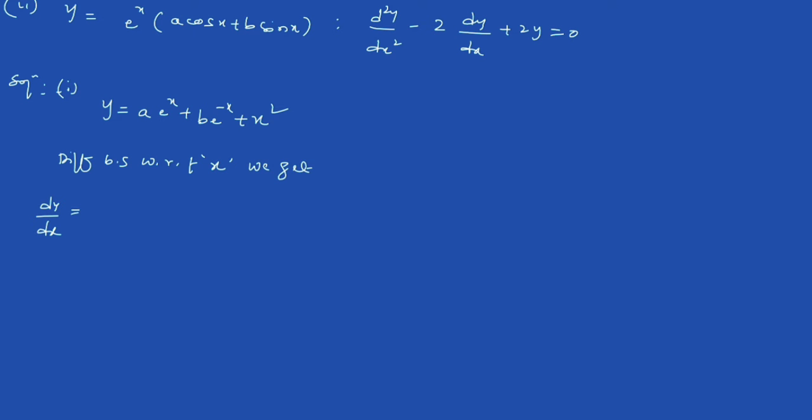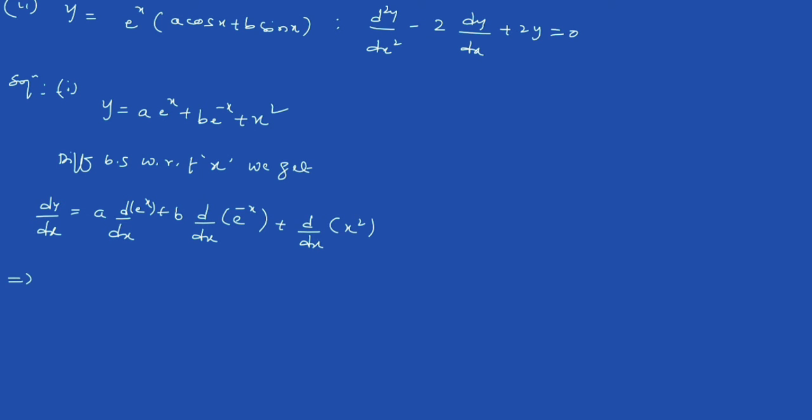Now a keep outside, that is constant, d by dx of e to the power of x, plus b outside, d by dx of e to the power of minus x, plus d by dx of x square, right?